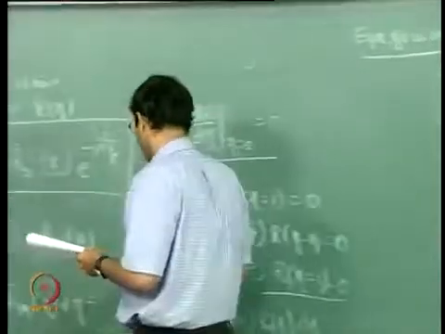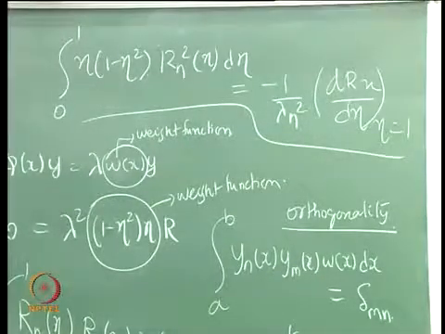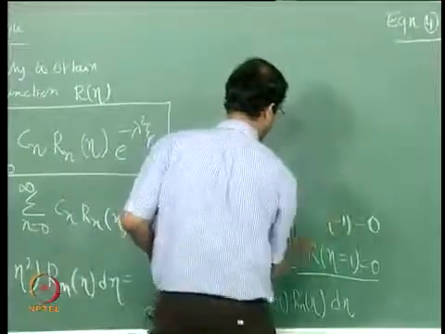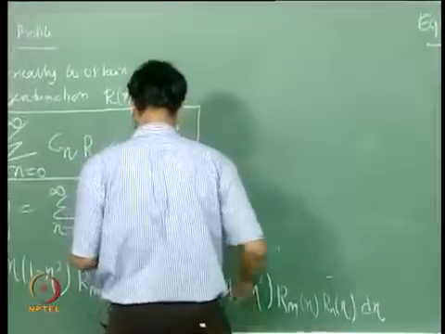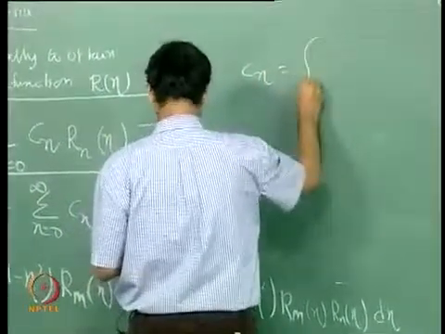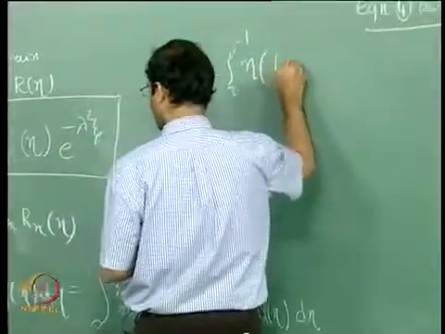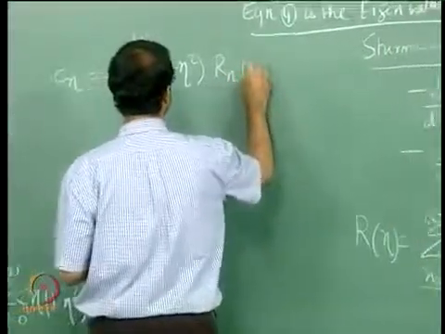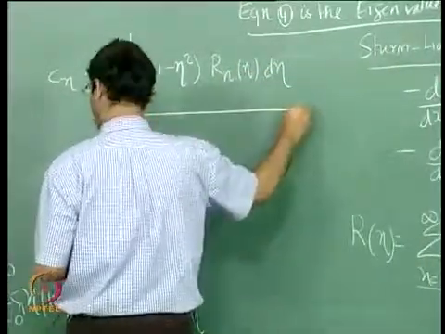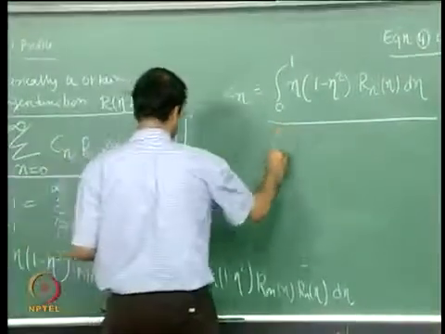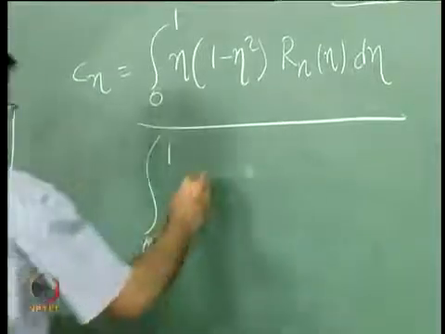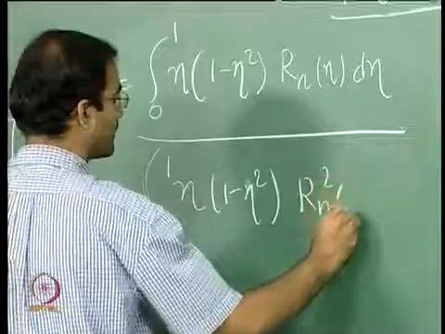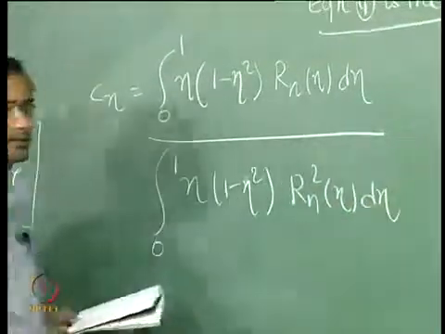So therefore you can calculate your Cn. Your Cn comes out as integral 0 to 1 eta into 1 minus eta square into Rn of eta d eta, divided by, the summation is gone, integral 0 to 1 eta into 1 minus eta square into Rn square of eta d eta.